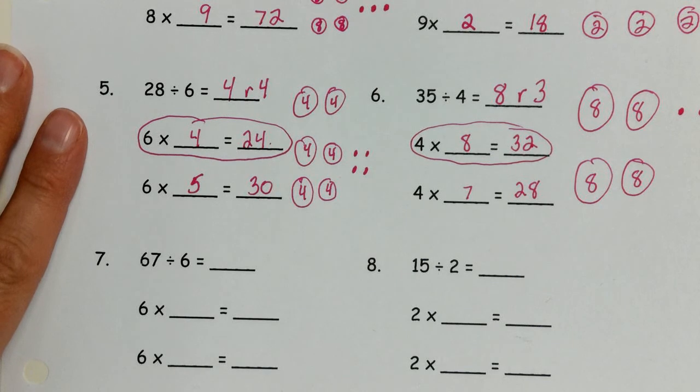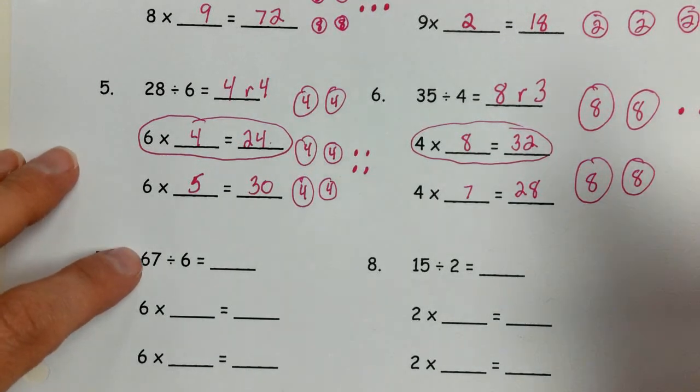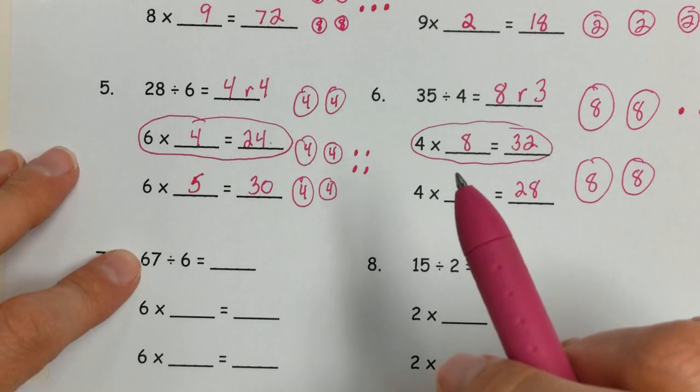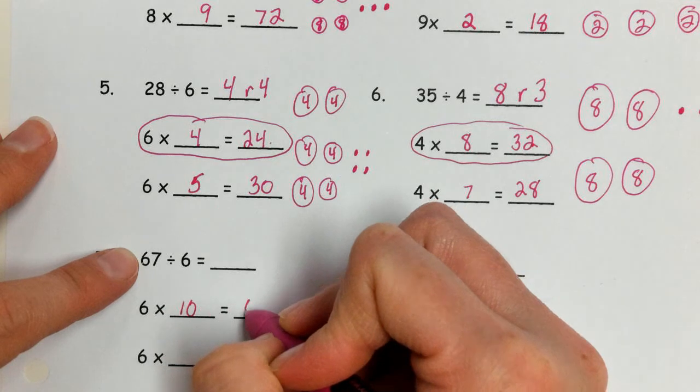What multiple of 6? Well, let's think of ones we know. I know you don't have a sheet. What's 6 times 10? Okay, so 6 times 10 is 60.